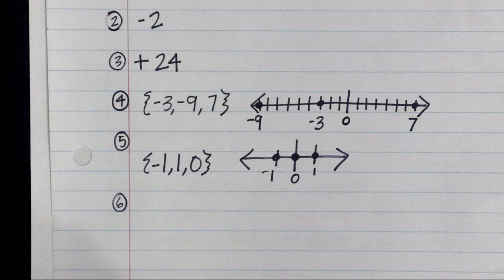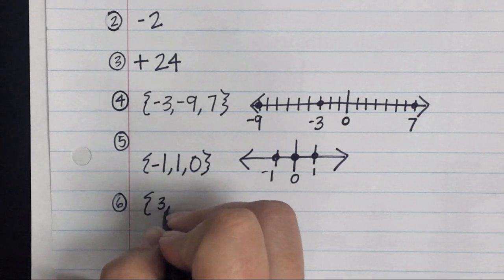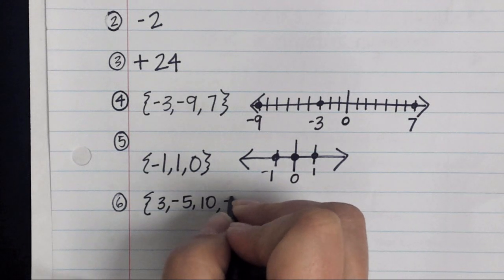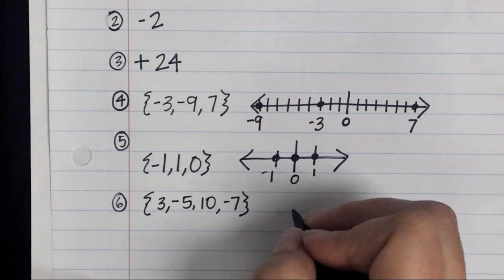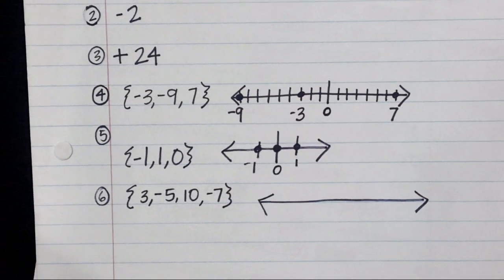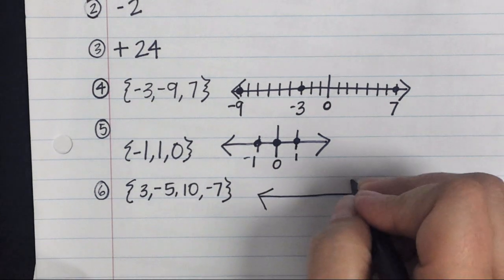All right, somebody read the numbers for number 6. 3, negative 5, 10, negative 7. Okay. I'm actually going to tell you it's okay to do this because the thing I'm looking for is that you know the order the numbers come in.